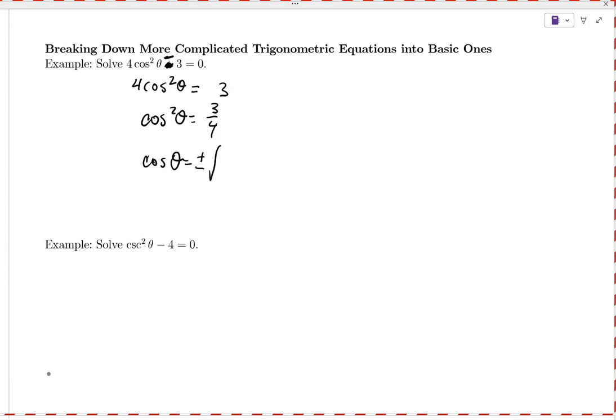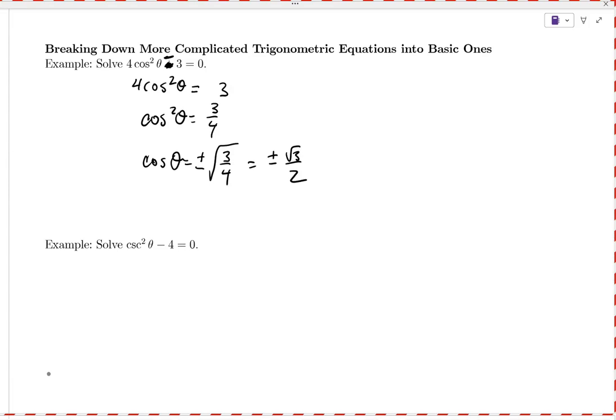Remember that when you take the square root of both sides of an equation, you'll always get plus or minus. And then I can simplify that a little bit, because if I do the square root of 4 on bottom, we get 2, right? And now notice that we've converted that original equation into basically 2 basic equations, right?